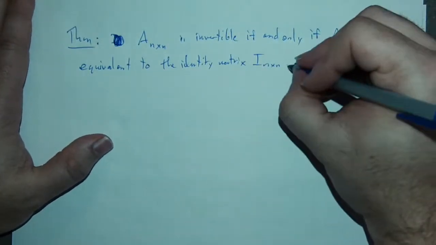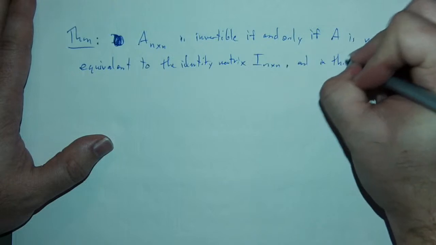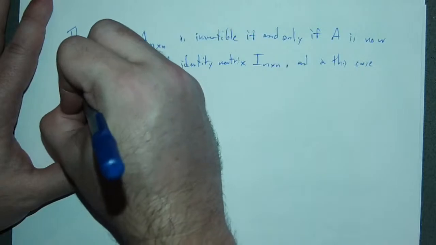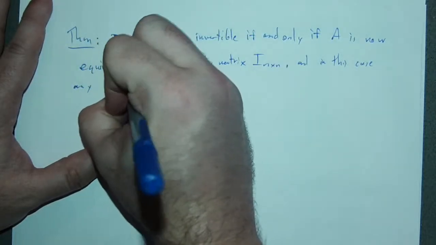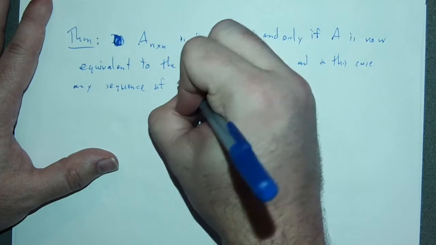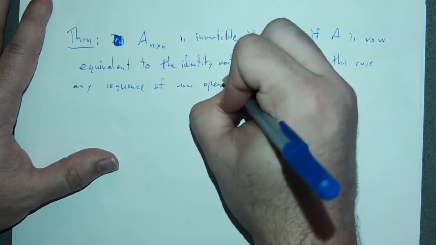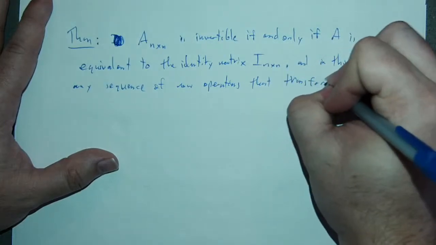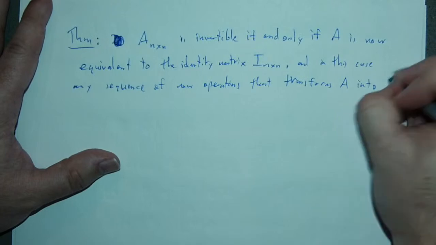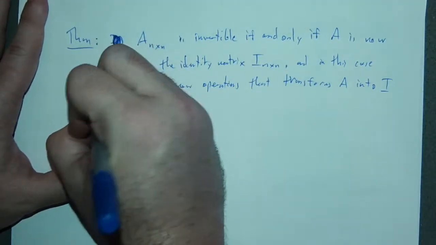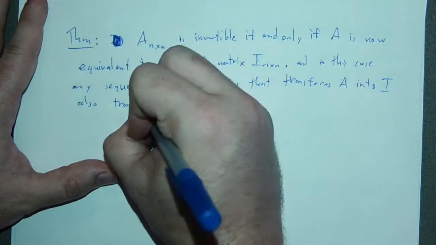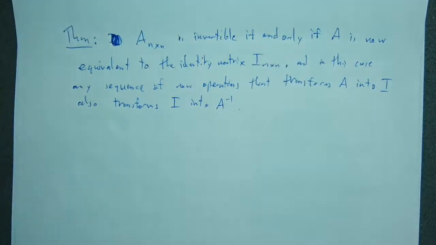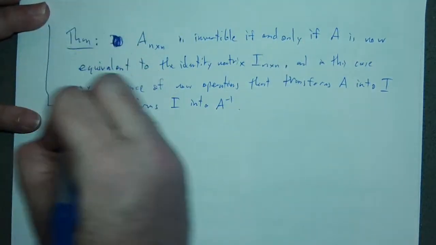Okay, and in this case, any sequence of row operations that transforms A into I also transforms I into A inverse.